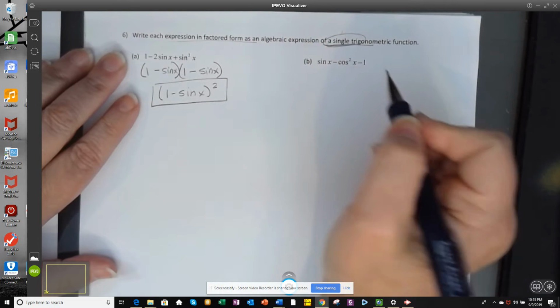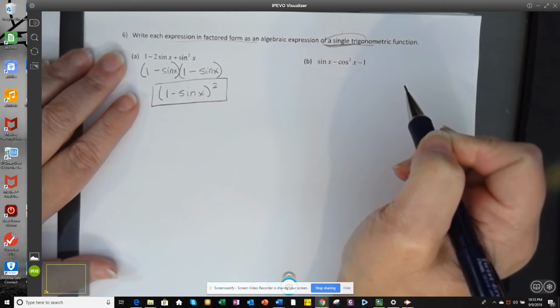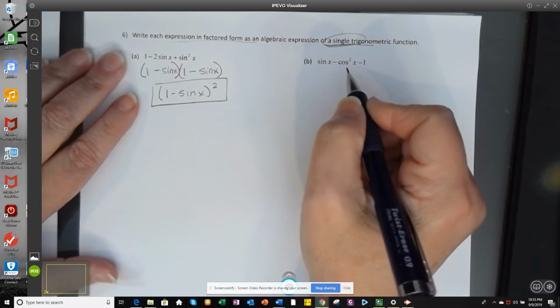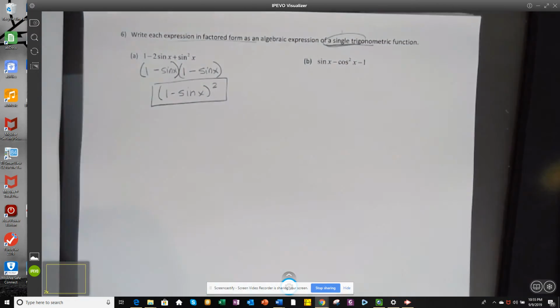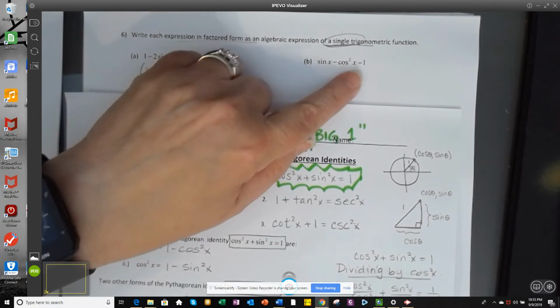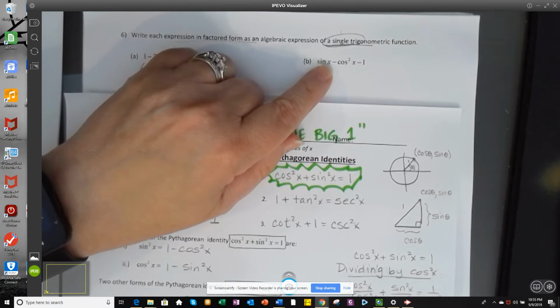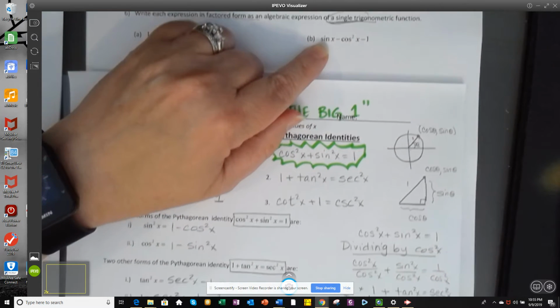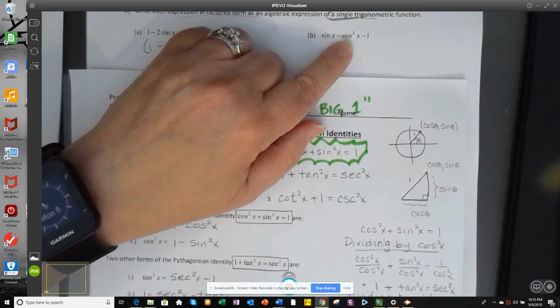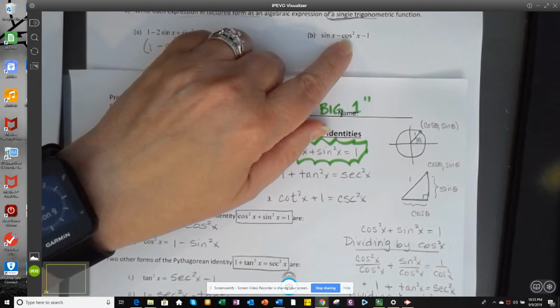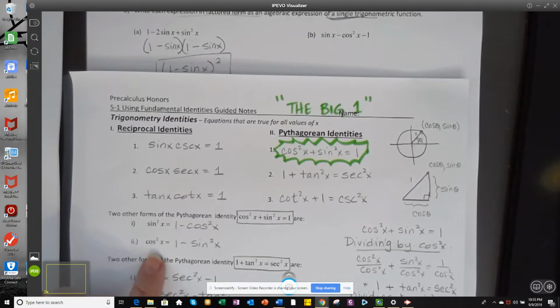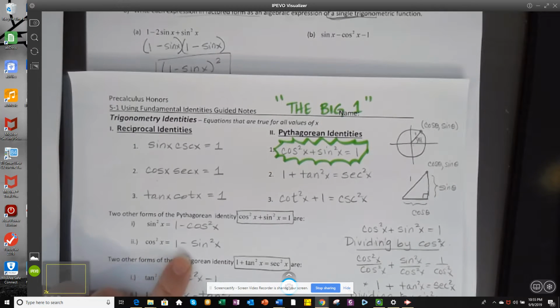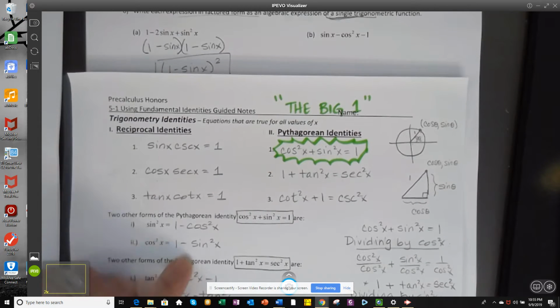Well, this one's a little bit more complicated. I got to get a single trig function. But I know that I can replace the squareds by something. I can't replace sine x by anything, but I can replace cosine squared x with something. We can replace cosine squared x with 1 minus sine squared. So I'm going to replace that.